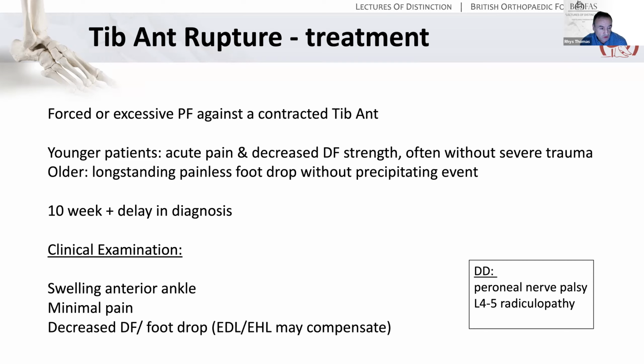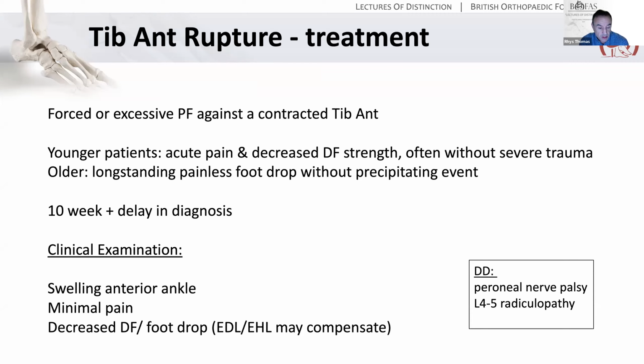And when you look through these, there is often a 10-week plus delay from any history of start of symptoms to diagnosis. Clinical examination, often by the time they present, they've got a swelling over the anterior ankle, which is usually due to the bulbous end of the proximal tear. They usually have fairly minimal pain, but a decreased dorsiflexion or a foot drop.